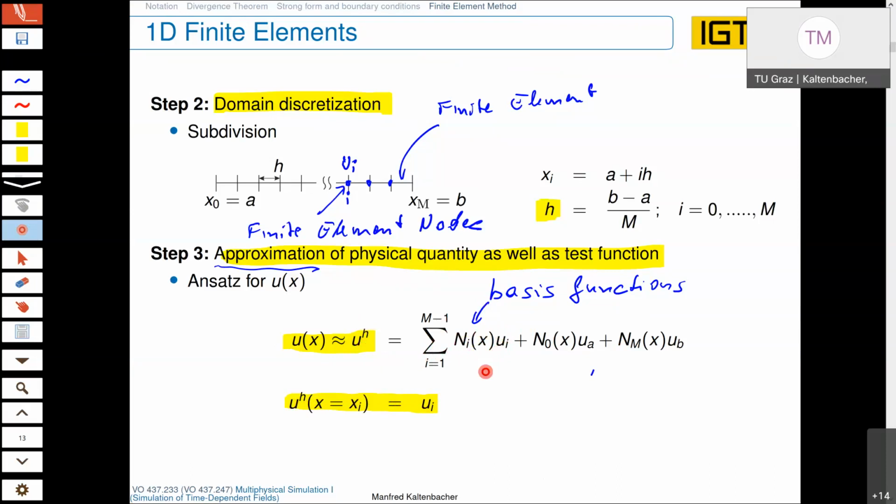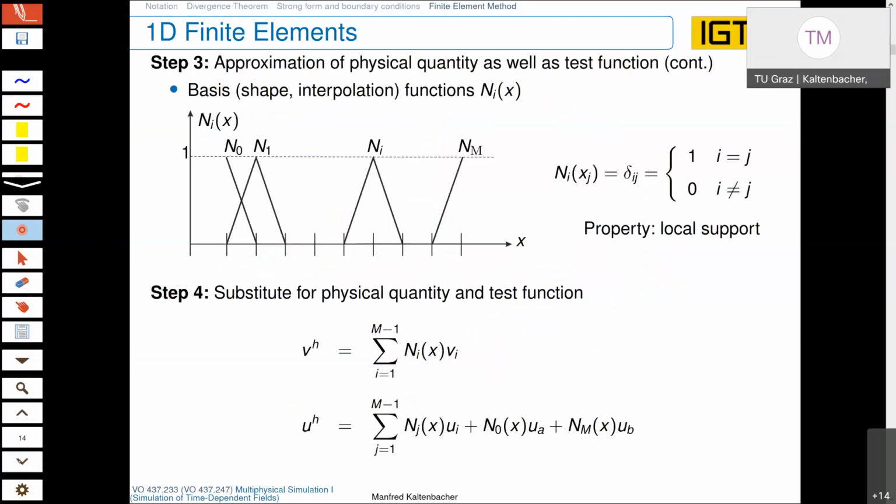This is a very important property we need, which also shows us that these basis functions will have local support, so they will be different from 0 just in the environment of the node itself. And that is shown here.